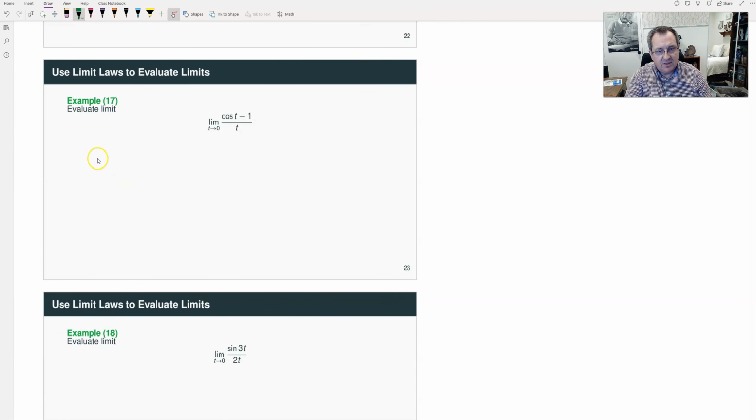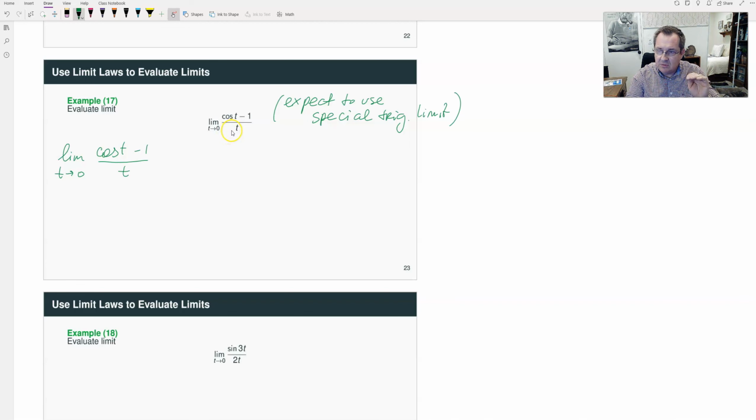Let's take a look at another example. We have the limit as t goes to 0 of cosine t minus 1 divided by t. Again, I have a mixture of trigonometric and polynomial functions. We expect to use the special trigonometric limit. Not that you will need it every time, but every time you see polynomials meet trigonometric functions, it suggests that maybe that limit will be important here.